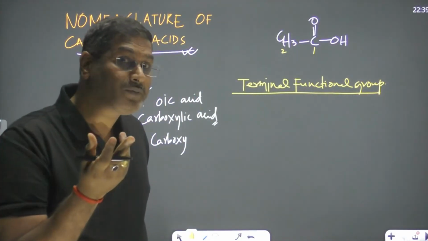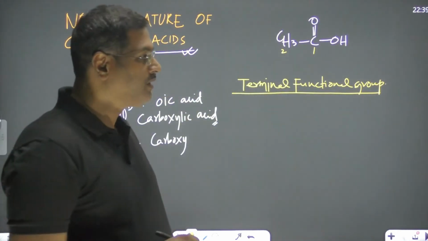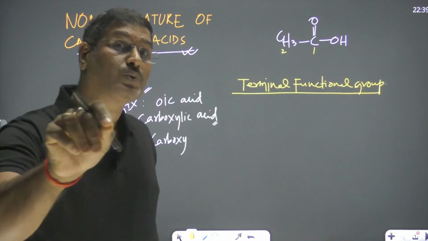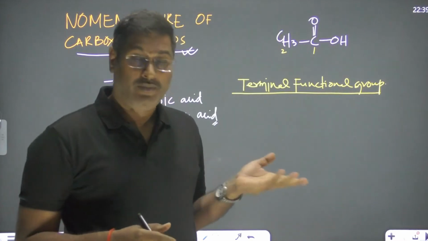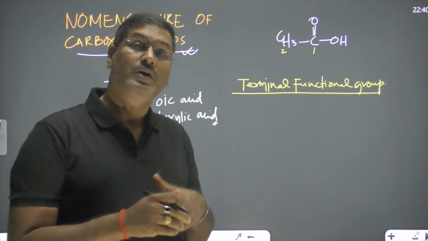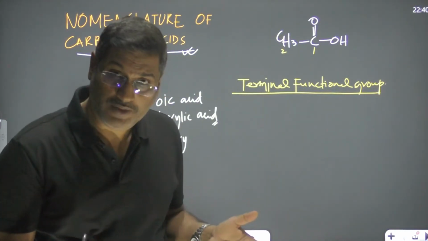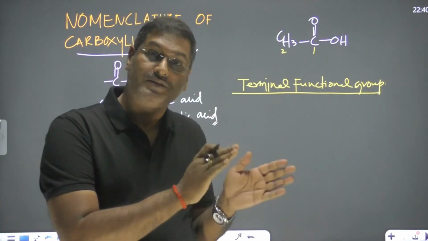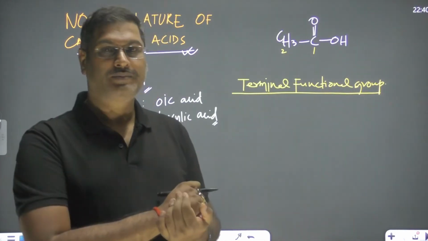Sir, any other example? Yes, many examples are there. Most of the carbon containing functional groups are terminal functional groups, like COOR ester, COCl acyl halide, CONH2 amide, C triple bond N cyanide, CHO aldehyde.